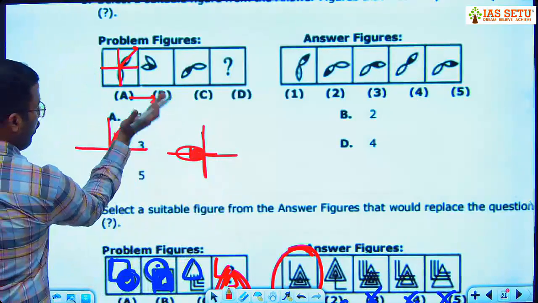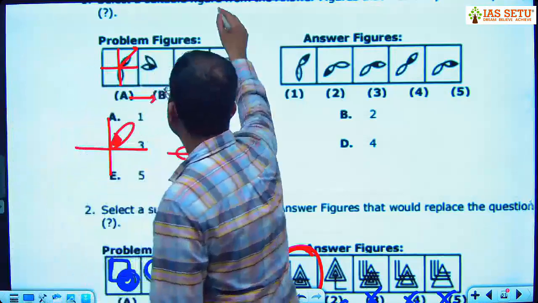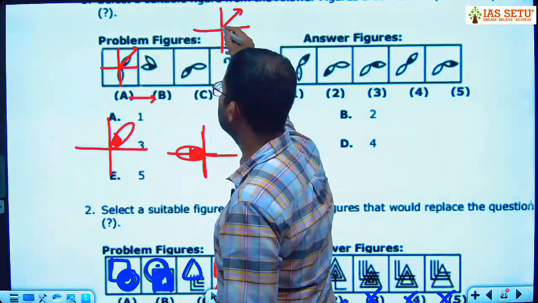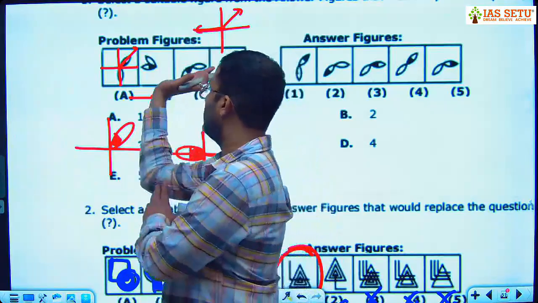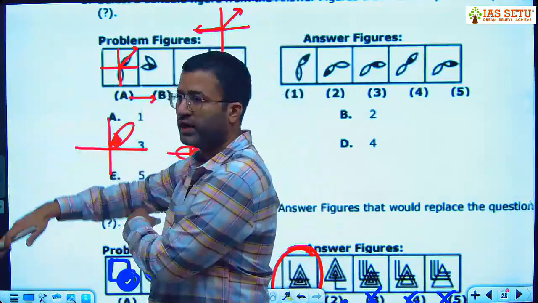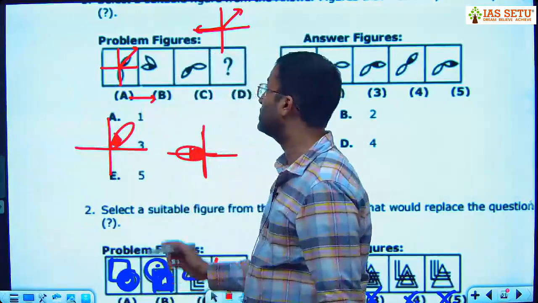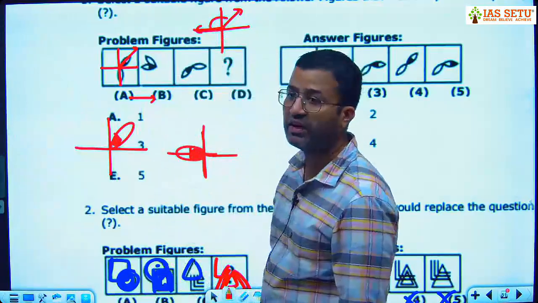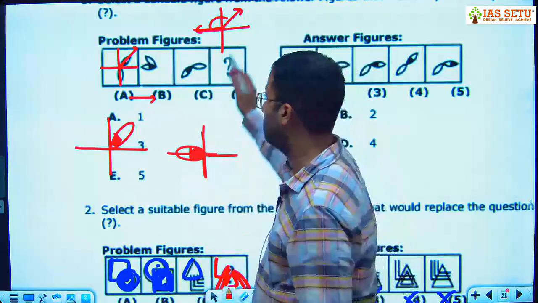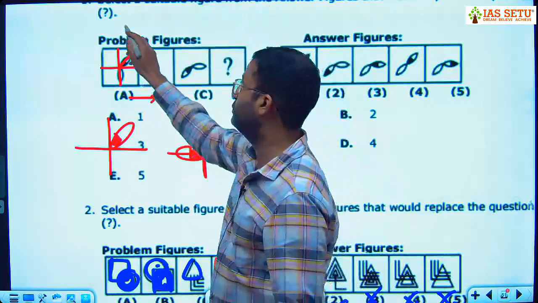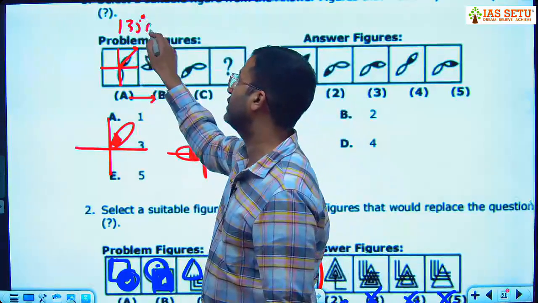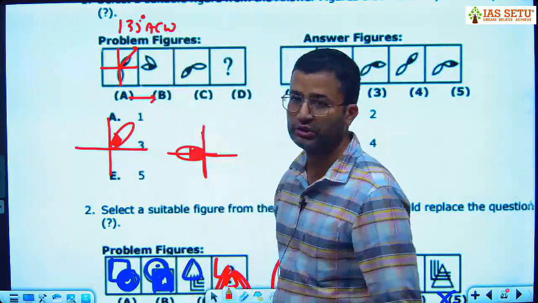Tell me from northeast to west, क्या हो रहा है? ये इस पोजीशन से इस पोजीशन में जा रहा है. When you move from northeast to west, what type of changes is this? 135 degree anti-clockwise. So you write shaded loop changes 135 degree anti-clockwise position.